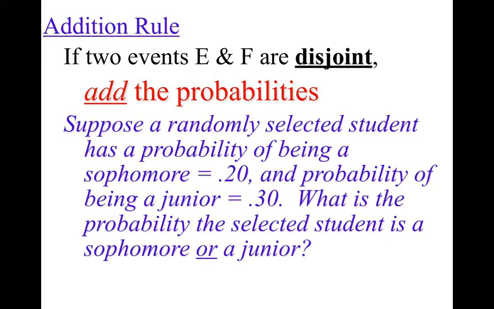They're disjoint. In other words, you can't be a sophomore and a junior at the same time. We can add their probabilities. So the probability of being selected as one or the other is the addition of those two, 0.50. You can see the notation, probability of sophomore or junior. Just add these up. Piece of cake.